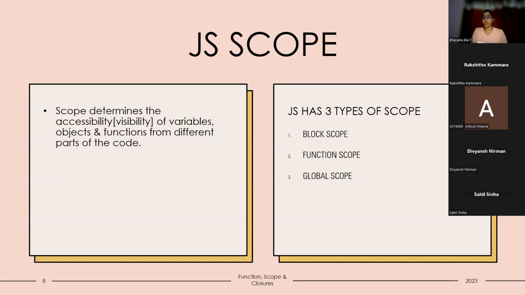We have basically three types of scope in JavaScript: block scope, function scope, and global scope. In function scope, the variable is treated as a local variable, and you can say that's local scope.